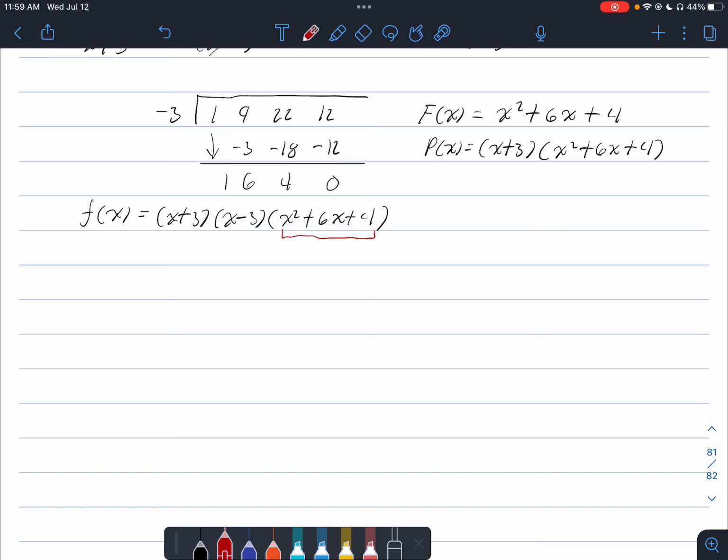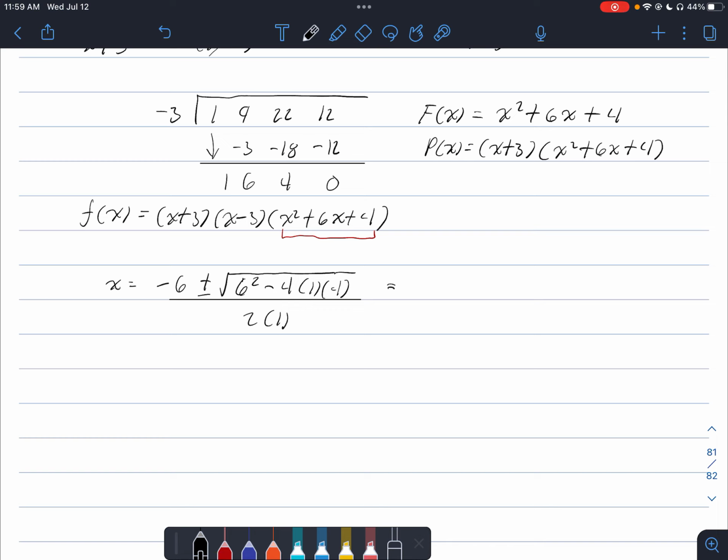So we have x is equal to negative b, or -6, plus or minus the square root of b squared, which is 6 squared, minus 4 times a, which is 1, times c, which is 4, all over 2a, and that's just 2 times 1.